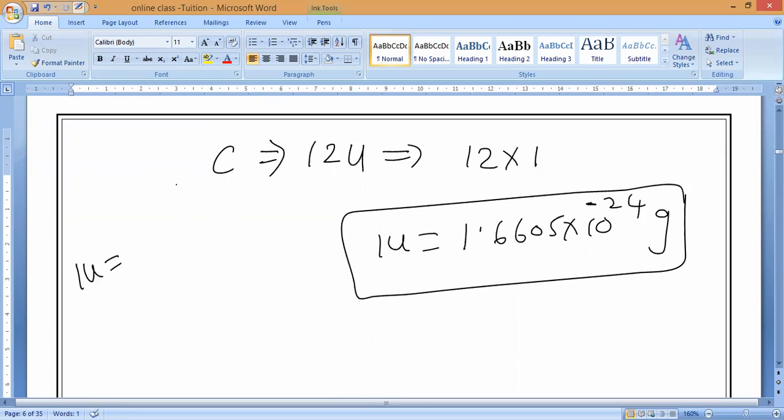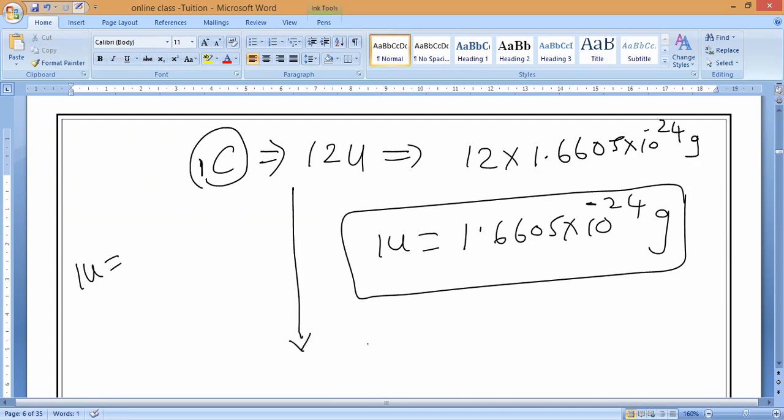Now I want the mass of one carbon atom. What do we have to do? 12 into 1.6605 into 10 power minus 24 gram. Multiply it and tell me how much it is. It is 1.9926 into 10 power minus 24 grams, which is the mass of one carbon-12 atom.